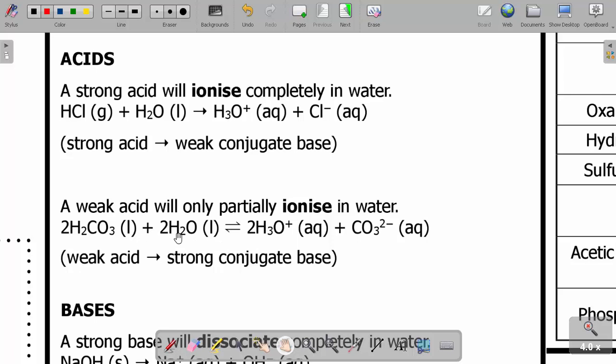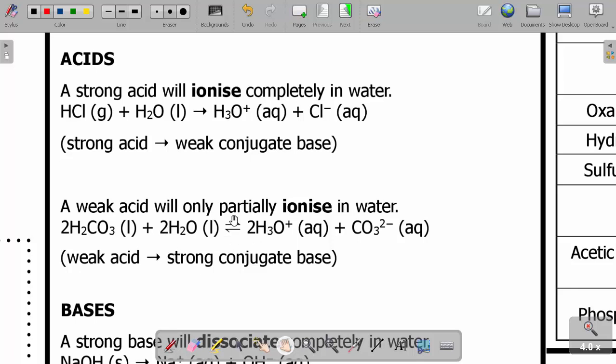So in this case, I'm saying take note that a weak acid will only partially ionize in water. So you see this double arrow, the first arrow shows that the reactants give us products. But because the formed products are strong, they can form back the reactants. That's using this other arrow.